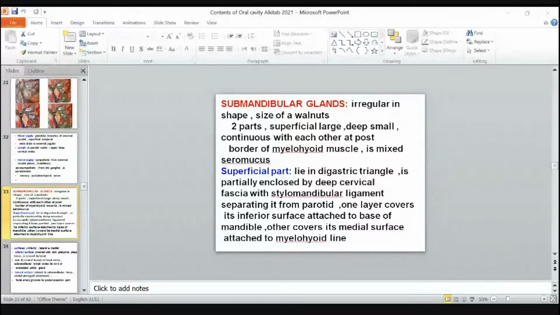The deep part is a continuation of the superficial part behind the free border of the mylohyoid, extends forward to the posterior end of the sublingual gland, and lies between the mylohyoid inferiorly and hyoglossus and styloglossus medially. Above it runs the lingual nerve with the submandibular ganglion, and below is the hypoglossal nerve and deep lingual vein.